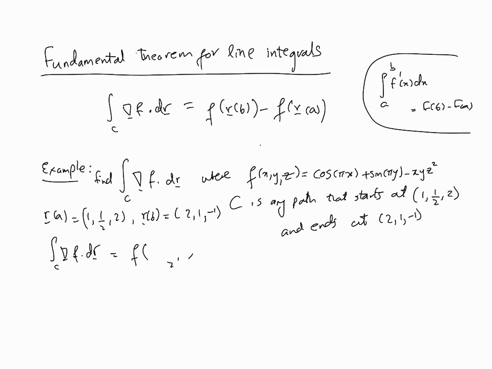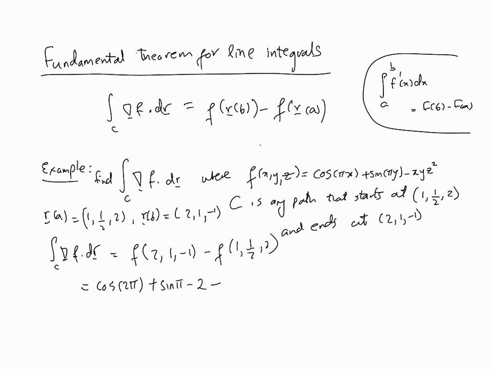Sorry, so it's f at (2, 1, 2) minus f at (1, 2, 2), which boils down to really just cosine 2 pi plus sine pi, minus x, that will be, so what is it, 2 times 1 times 1, so it'll be just 2 here, and minus 1 squared is just 1, so it's this.